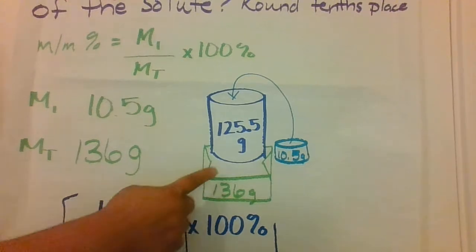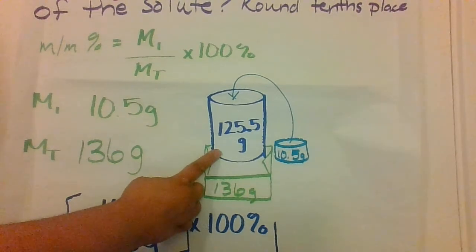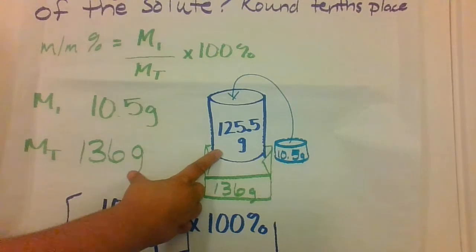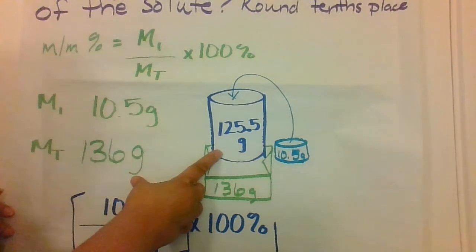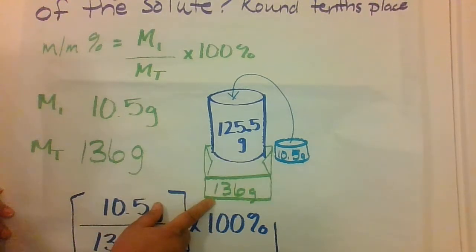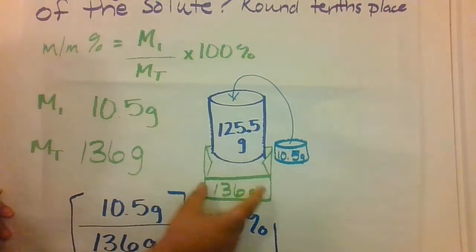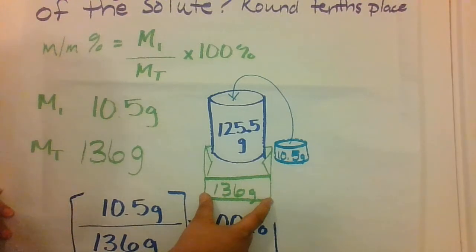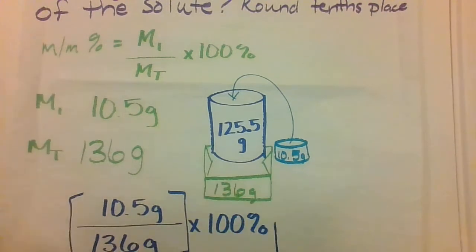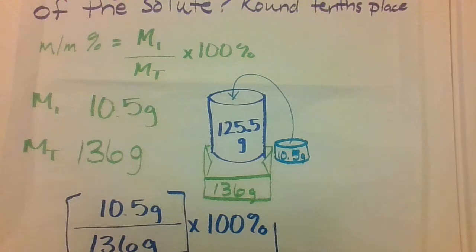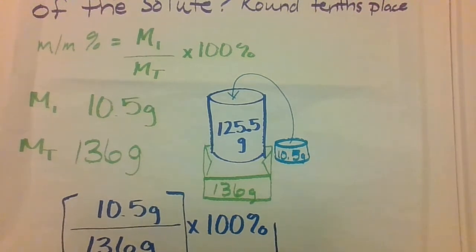Just like if we walked into the laboratory and there was already a cylinder with 125.5 grams sitting on a scale, and I added this solute into that container, my scale would now read 136 grams. So remember, if it states added to and does not give a final volume, you need to add whatever you have to that solution.